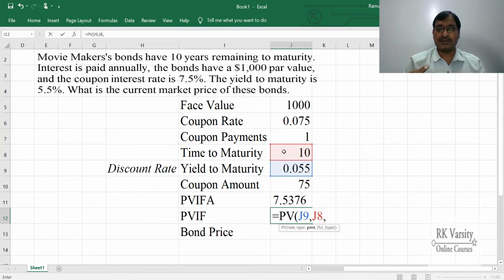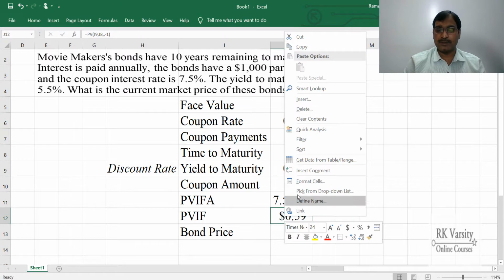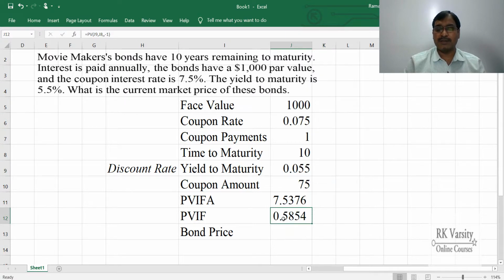So this is a single cash flow. That's the reason why we exclude PMT by placing another comma. And future value is -1. That is, what is the value of $1 today which you are going to receive after 10 years. So press enter. Now you have a dollar. We'll convert this into number format, and now you have a present value interest factor.